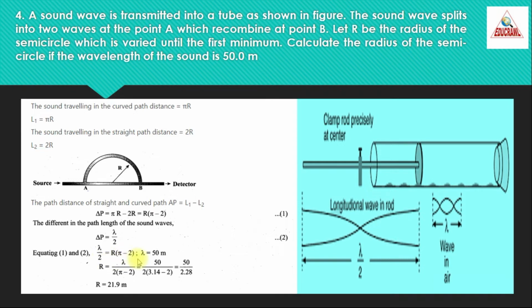A small rearrangement, we have r is equal to lambda by 2 into pi minus 2. Now substituting the lambda value as 50, pi value as 3.141 and simplifying we get the radius value as 50 divided by 2.28, which is equal to 21.9 meter. This is the radius of the semicircle.